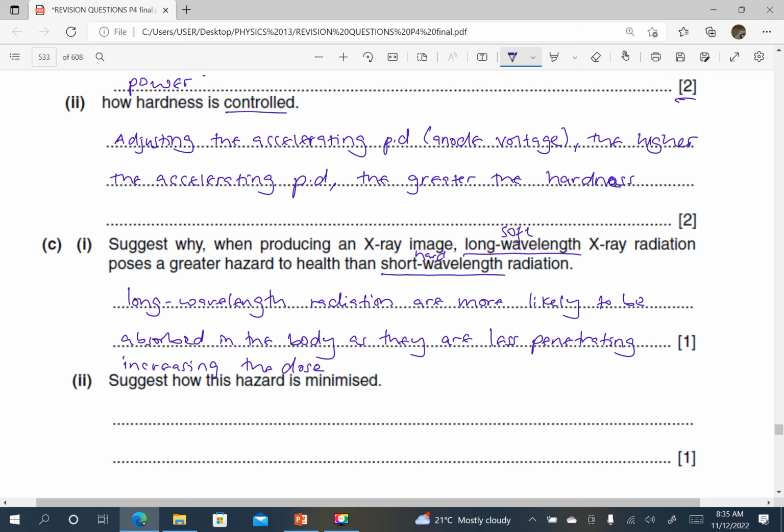So they are less penetrating, but they will be accumulating in the body, and they will be increasing the dose.